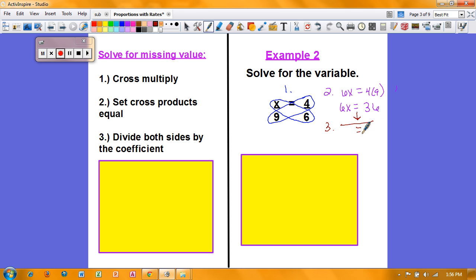So I'm going to bring my equal sign down. X wants to be alone. It wants to be isolated. So the inverse of multiplying by 6 would be to divide by 6, which is step 3. We're dividing by that coefficient, or, as you've heard me say, dividing by what's left over. So we're left with x here, and 36 divided by 6 is 6. That means this x should be a 6.